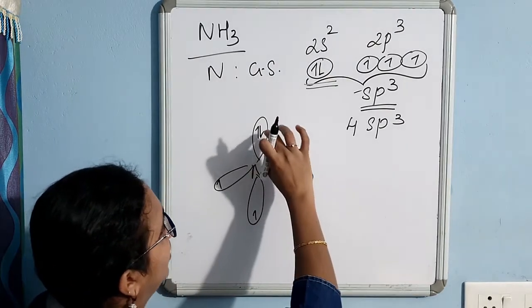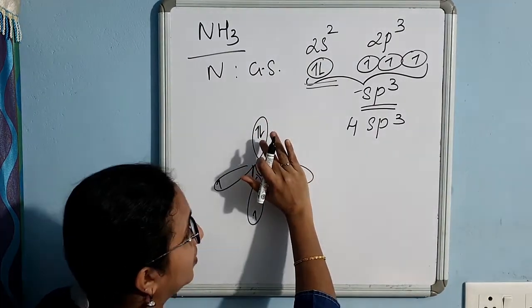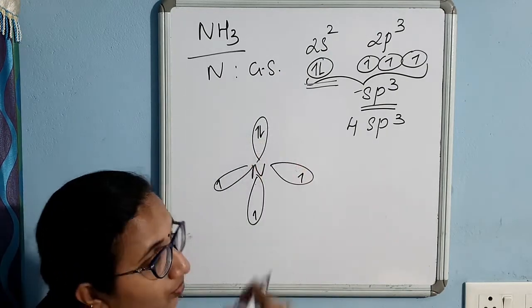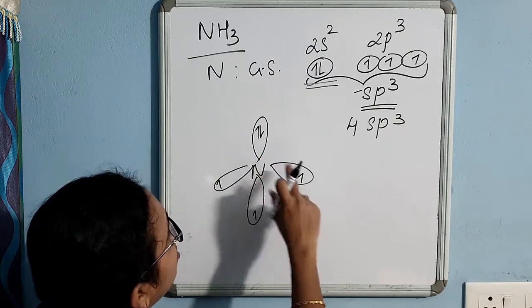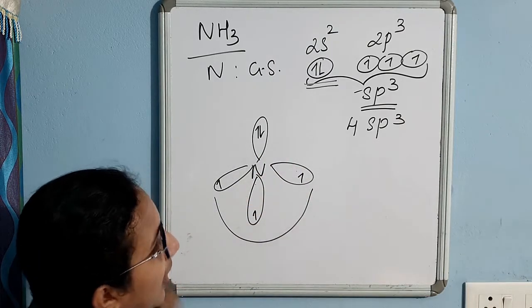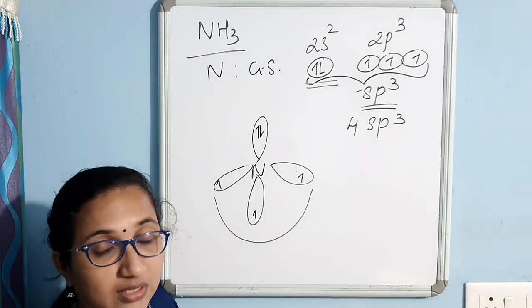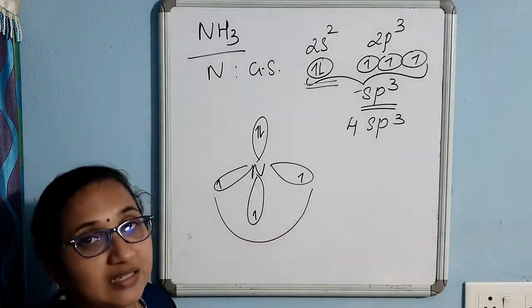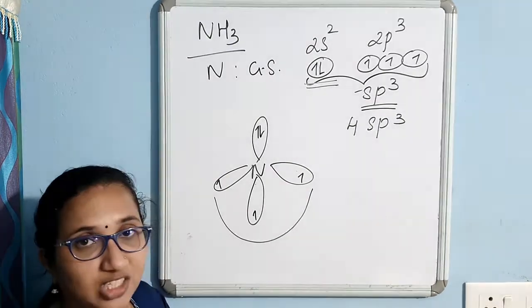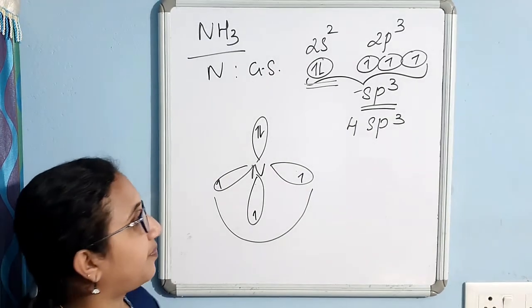Since one of the hybrid orbitals contains a lone pair, that will offer high repulsion, and in order to reduce the repulsion, the 3 hybrid orbitals containing 1 electron each will arrange themselves in a pyramidal manner.